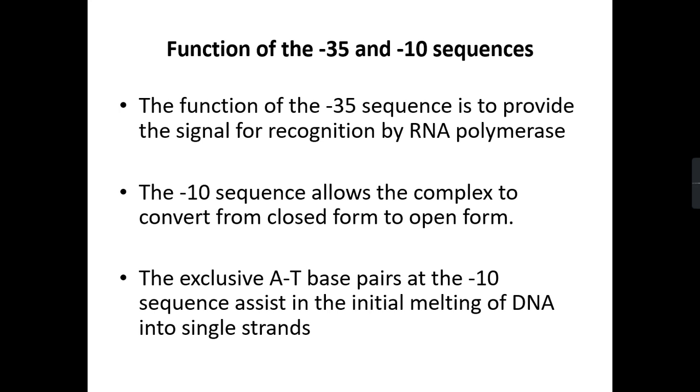We have exclusively AT base pairs at the -10 region, which assists in the initial melting of the DNA sequence into single strands. These exclusive AT base pairs at the -10 region, the TATAAT, since the bond between A and T is not all that strong, allow melting or unwinding to occur easily at that region.